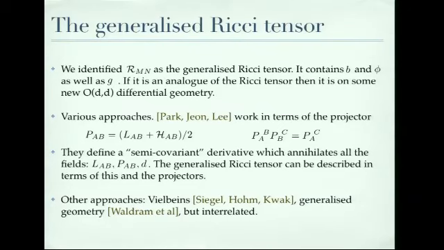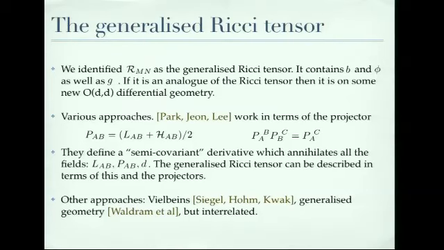And there have been various approaches to understand this. So Park and Jeon, who are in Sogang as well, work in terms of projectors, written in terms of the two metrics like this, and a semi-covariant derivative which annihilates all the basic fields, so it annihilates both metrics and d, and they formulate the generalized Ricci tensor in terms of these.